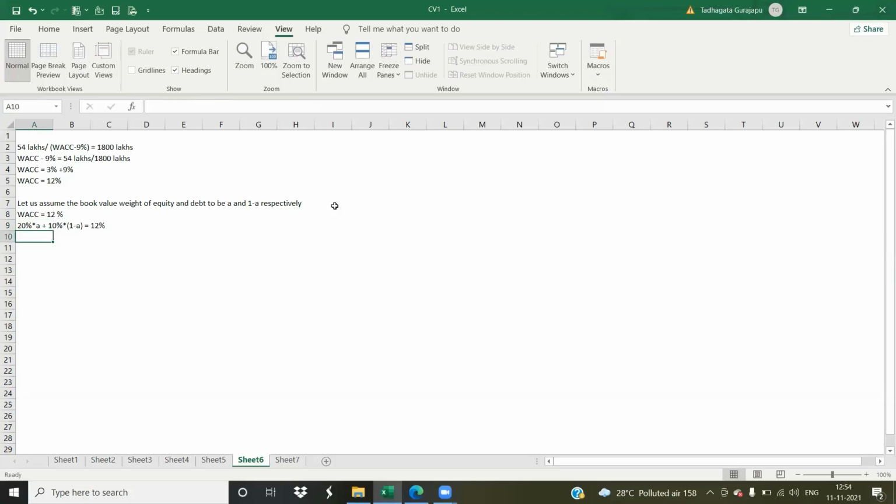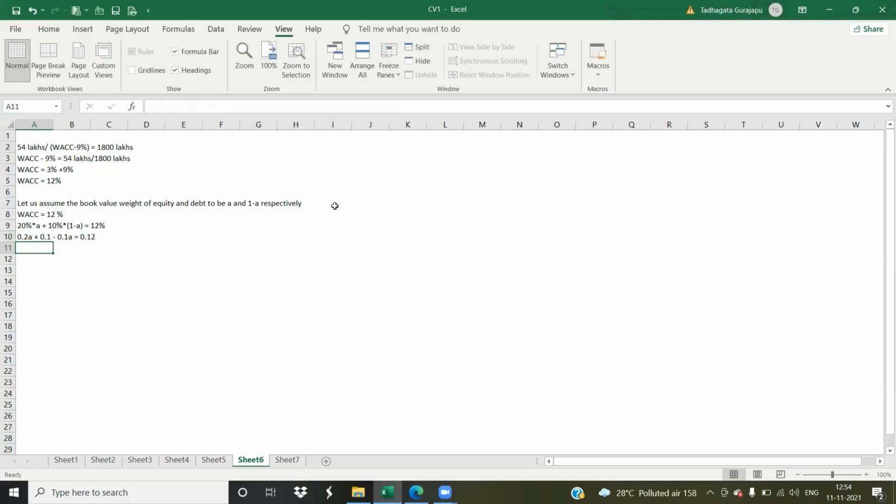So 0.2A plus 0.1 minus 0.1A, that is equal to 0.12.